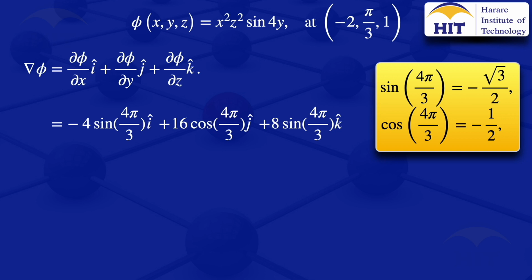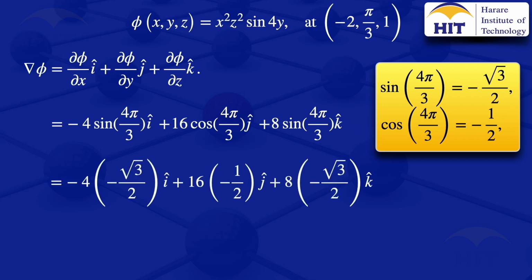So if we substitute these values into our expression here, our result will be minus 4 times minus root 3 over 2 i plus 16 times minus 1 over 2 j plus 8 times minus root 3 over 2 k. And that expression will simplify to 2 root 3 i minus 8j minus 4 root 3 k. So that's the gradient of the given function at the point minus 2, pi over 3, 1.